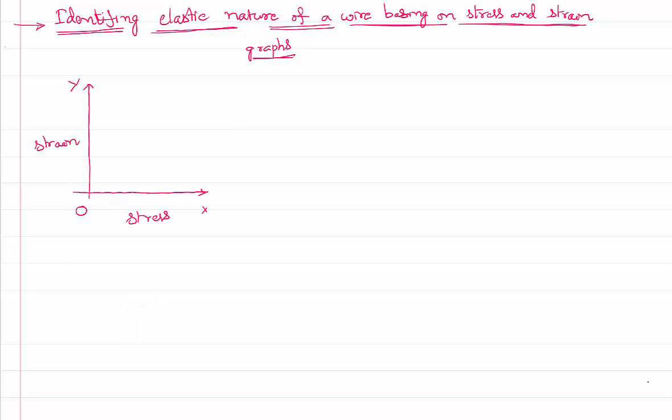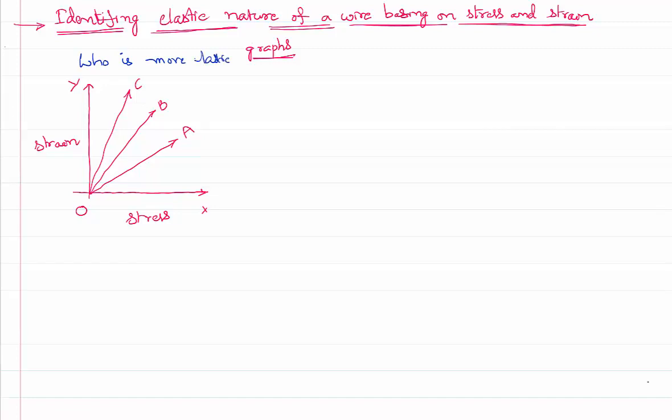The stress and strain graph for three different materials is drawn like this. This is for the material A, this is for the material B, this is for the material C. The question is simply who is more elastic and who is less elastic in A, B and C. That's what the question is.